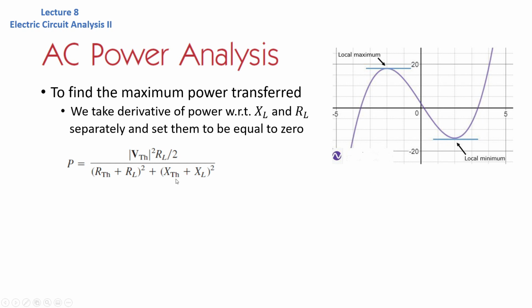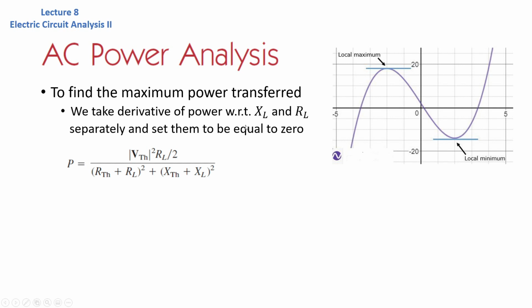So that means if we want to find the maximum value for this power, then we need to compute its partial derivatives with respect to the reactive part of the load and the resistive part of the load, and then we need to put these derivatives equal to 0.